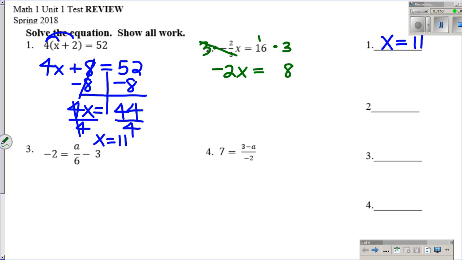Carry my 1, and 3 times 1 is 3 plus 1, so this equals 48. Now we're going to divide both sides by negative 2. And we have our variable x by itself, and positive 48 divided by negative 2 equals negative 24. So for number 2, our final answer is x equals negative 24.